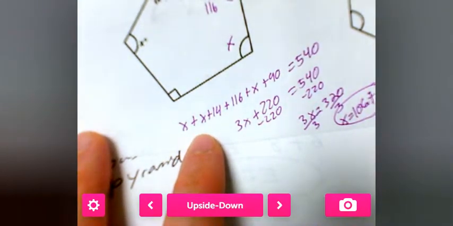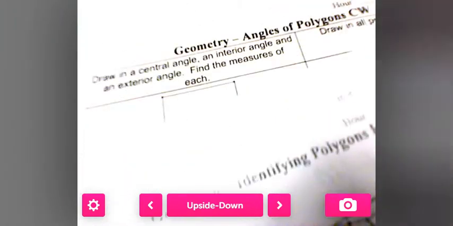Okay, so your homework. The issue with your homework is you've got to read directions. So let's look at your homework. Making sure we're paying attention to directions here. These first 10 say find the measure of one interior angle in each polygon.